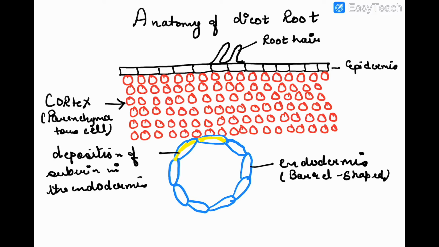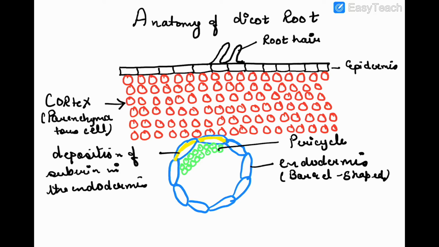Next comes the next layer, which is known as pericycle. It is formed by thin parenchymatous cells. So the next layer that I am drawing is a layer of thin parenchymatous cells, which is the pericycle.